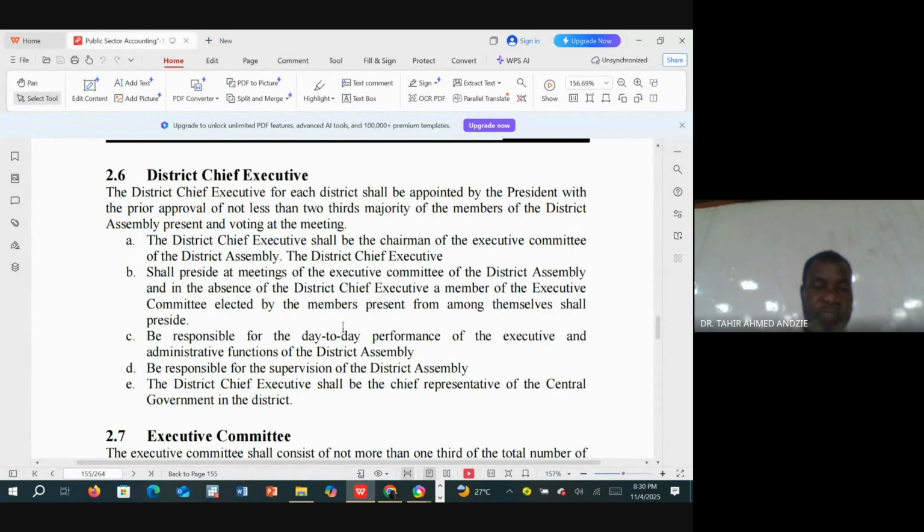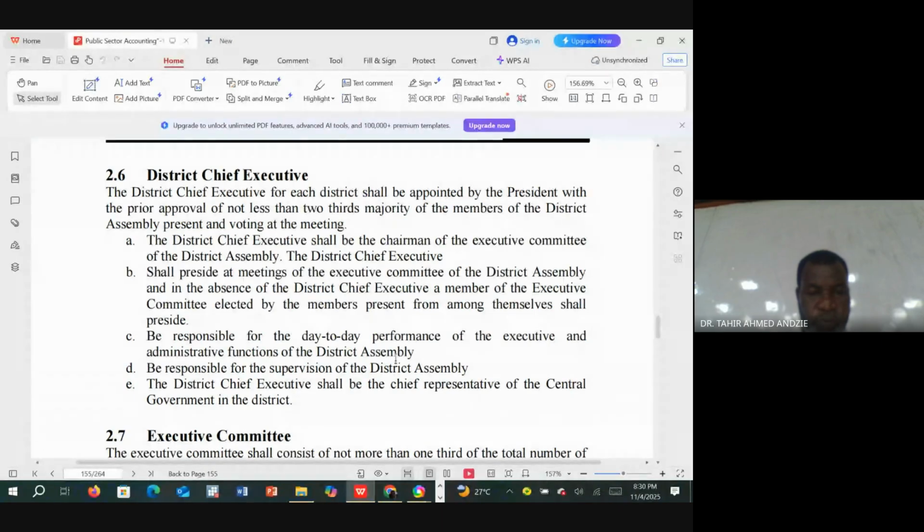And this chief executive will be responsible for the day-to-day performance of the executive and administrative functions of the assembly. You are the political heads, and you are responsible for ensuring that the executive and administrative functions of the district are always performed.